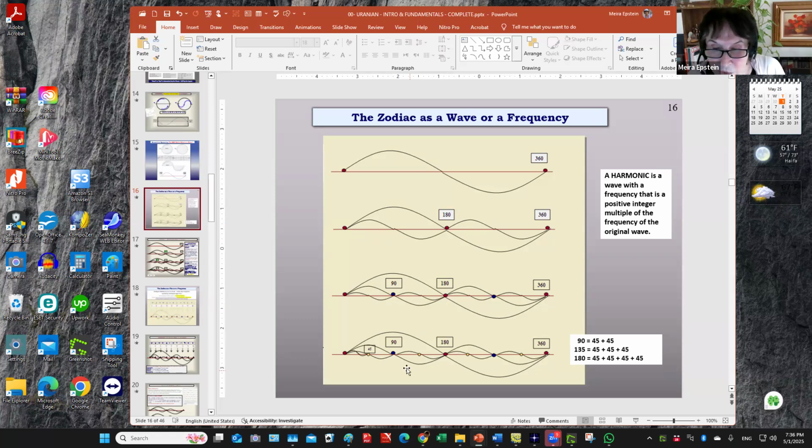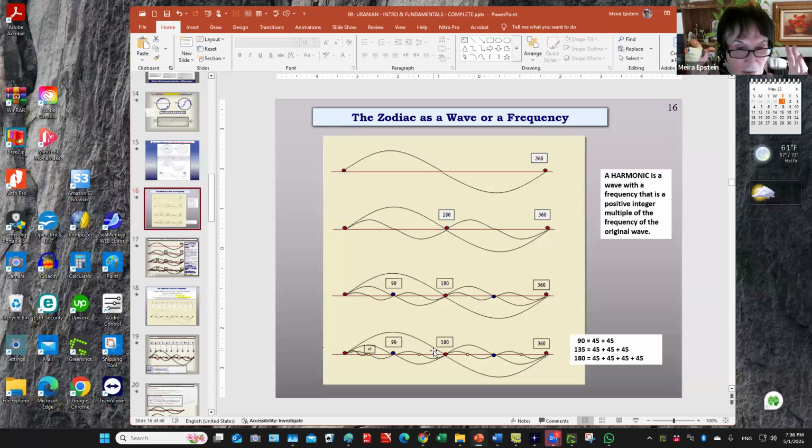And we can continue from the 90, divide the 90 into a smaller wave, and we have the 45. See bottom 45? And it's the yellow dot. So now at the bottom, we have all the hard aspects, one inside the other, like Russian dolls. If the wave is a frequency, then all the smaller ones are higher frequencies included in the bigger frequency.